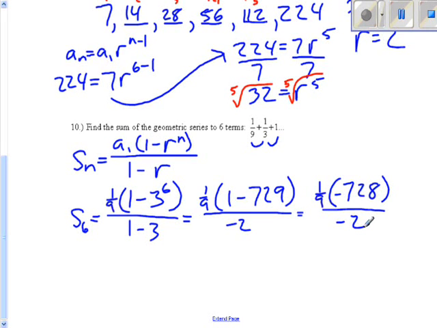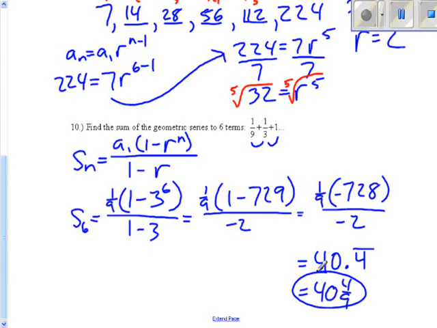And if I punch this into the calculator, it's going to leave me with a positive 40.4 repeating, which we could write as 40 and 4/9. Okay?